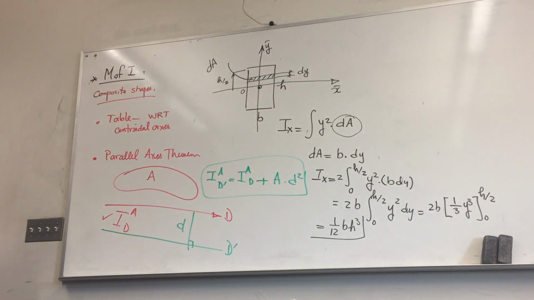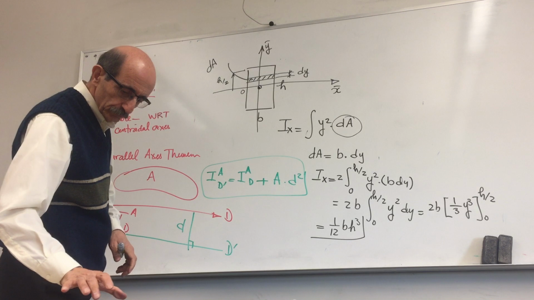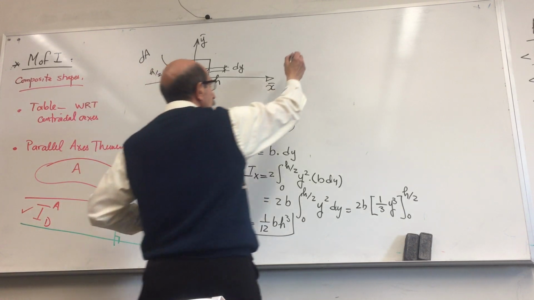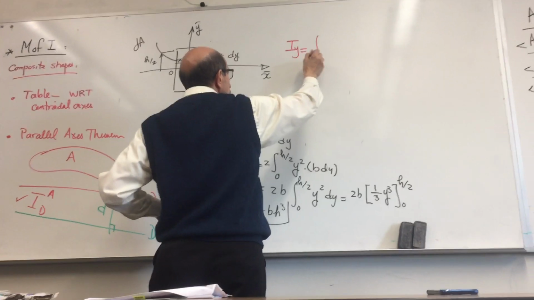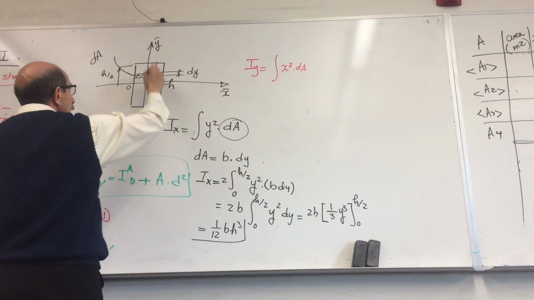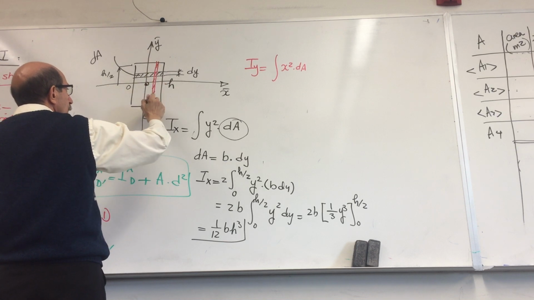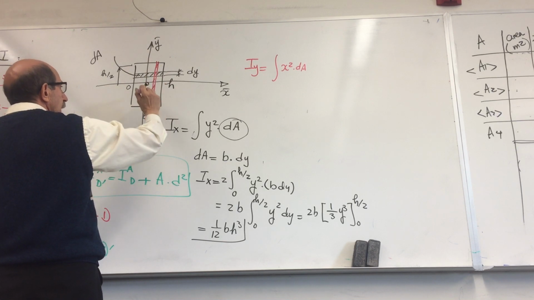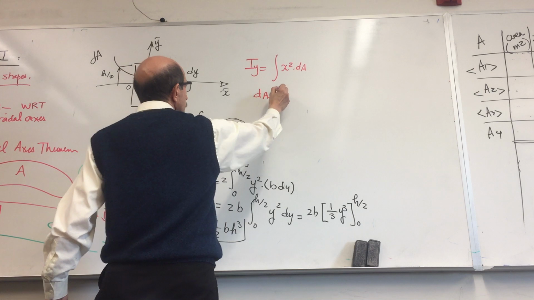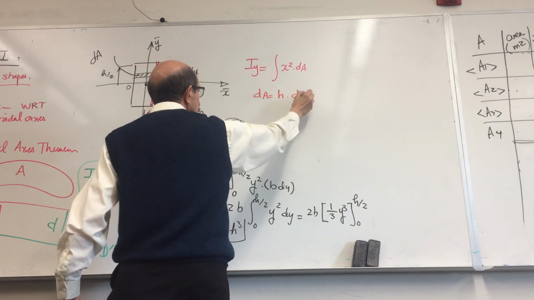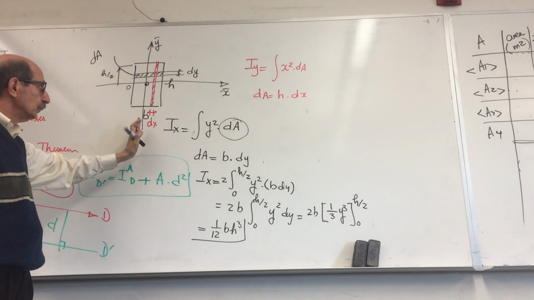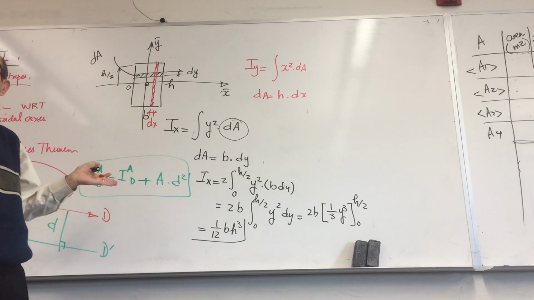Okay? You can do the same thing to find the moment of inertia about the centroidal y-axis. And that would be what? Iy would be the integral of x squared dA. And dA in this case is this. Or in other words, this is dx. And this height is constant, so dA would be simply h times dx. And again, since this is symmetric with respect to this axis, I just do the integral from here to here and multiply that by 2.